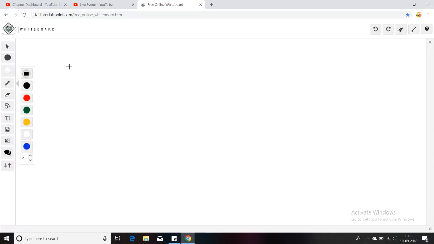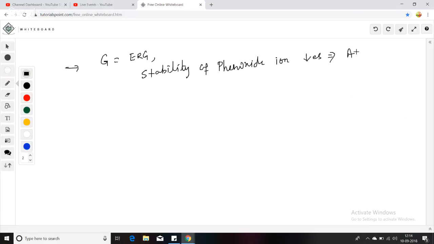If G is an electron releasing group, ERG, the stability of the phenoxide ion decreases, and if the stability of the phenoxide ion is less, acidity is also less.